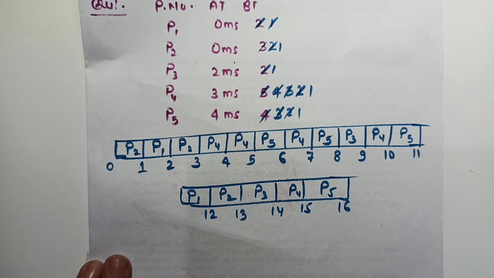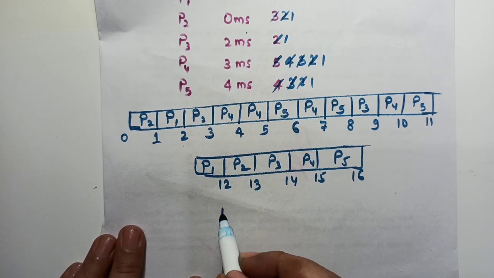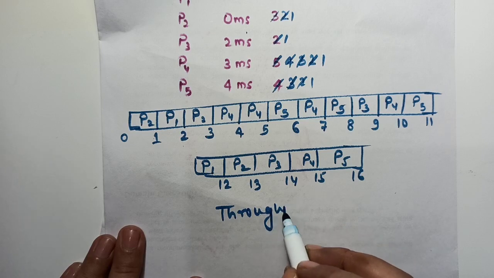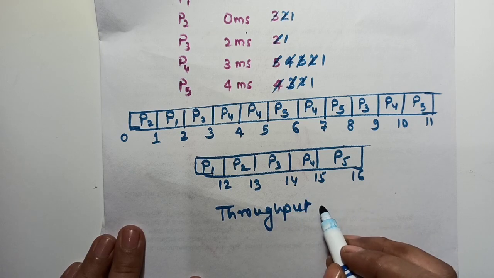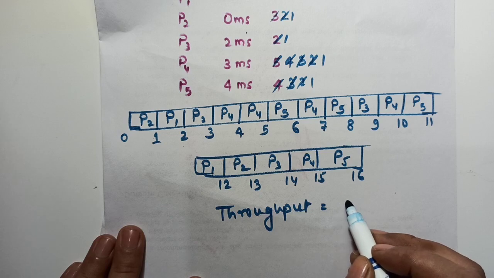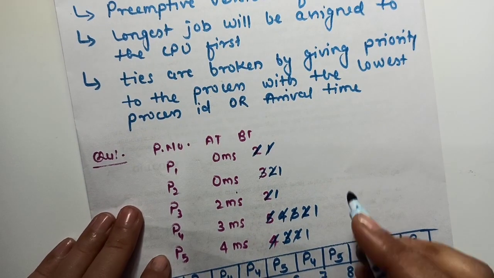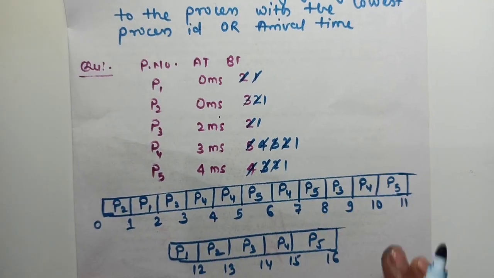So the throughput is 5 by 16. What is the throughput? Five by 16. Okay, let's calculate the completion time.